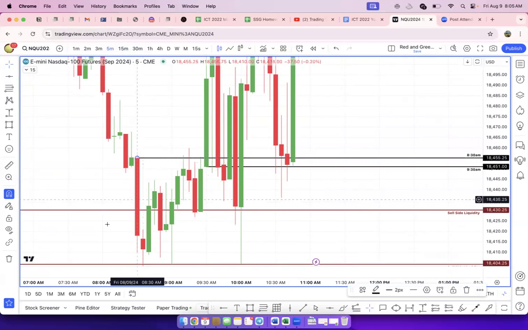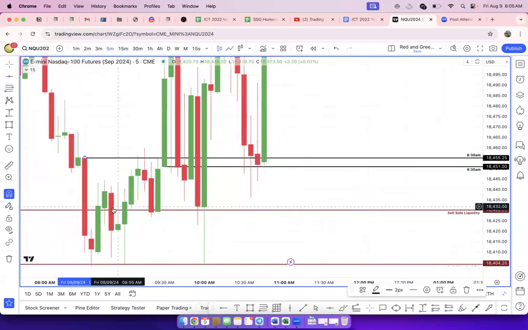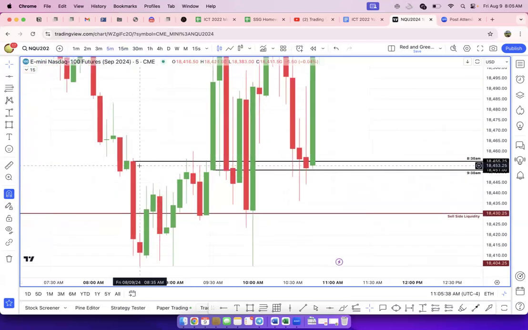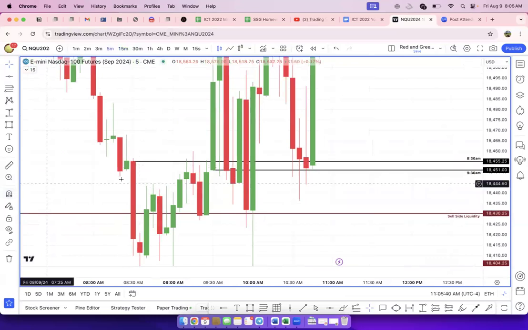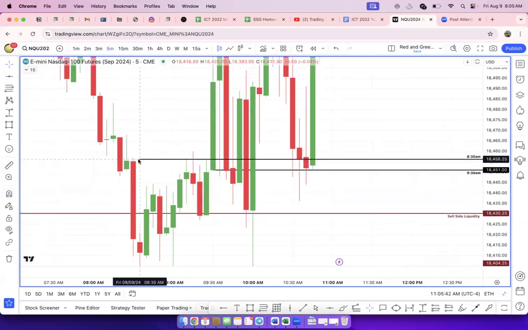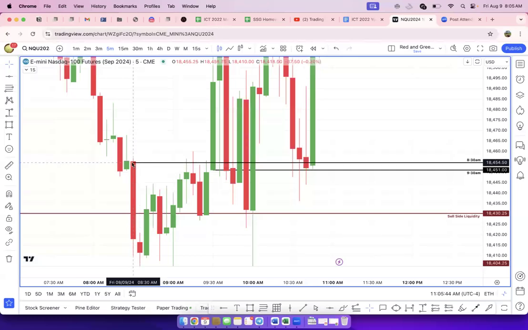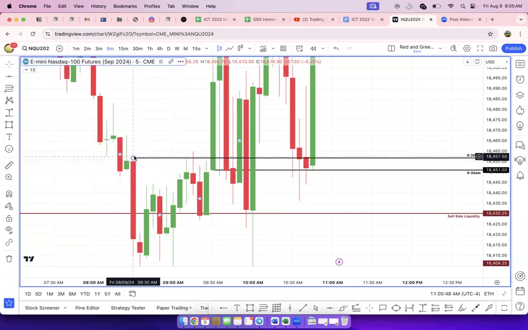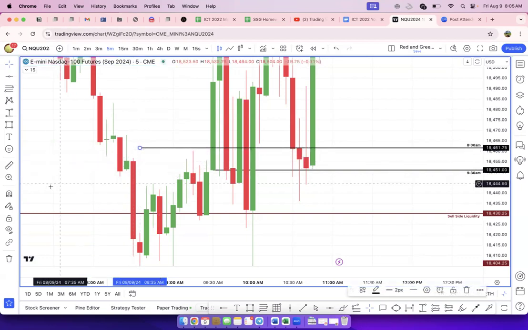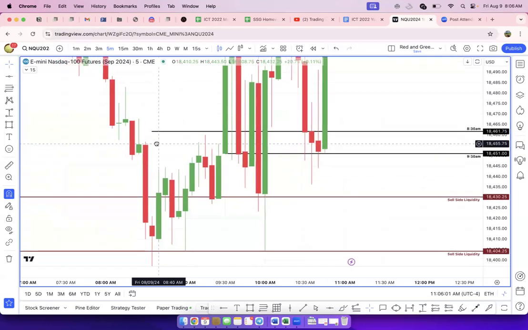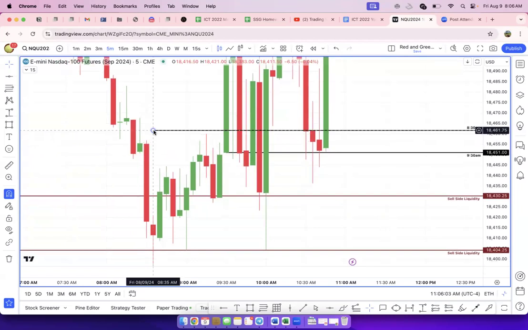I encourage people, please, please, please use the magnet feature, because if you don't, then you're like, okay, let me see. Oh, no, that's not it. When you use the magnet, you can either have a weak magnet or a strong magnet. Use the weak magnet and it'll just automatically snap to the open, low, high, or close of a candle.